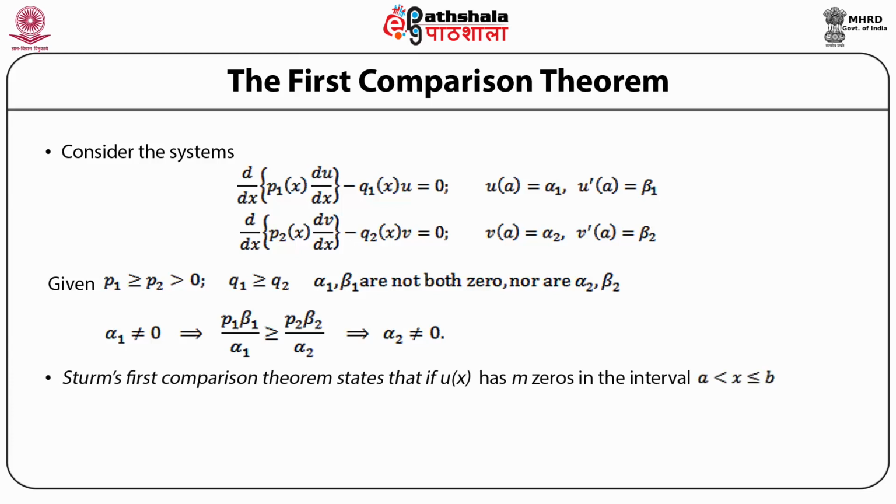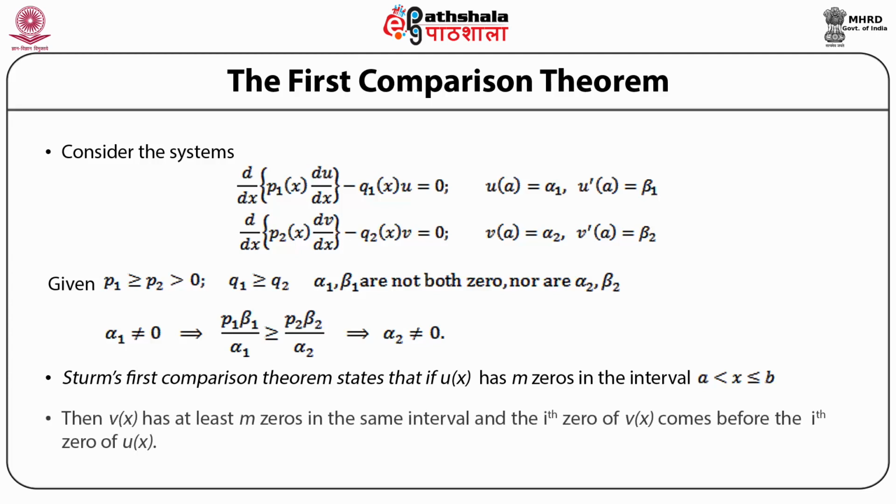Thus, Sturm's first comparison theorem states that if u(x) has m zeros in the interval x lying between a to b, then v(x) has at least m zeros in the same interval and the ith zero of v(x) comes before the ith zero of u(x).